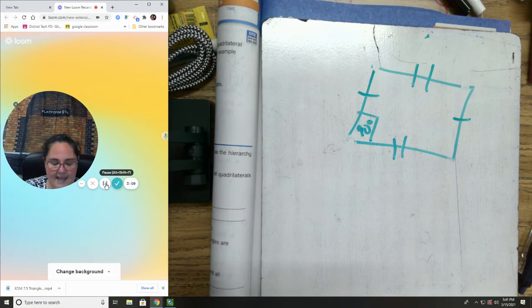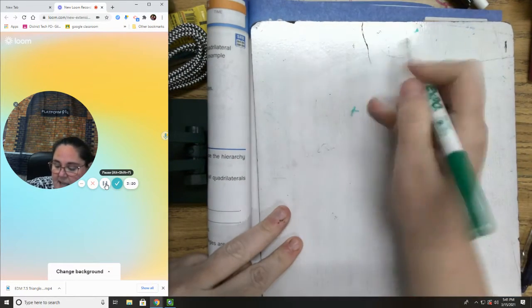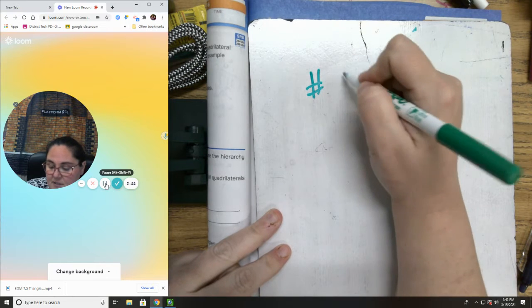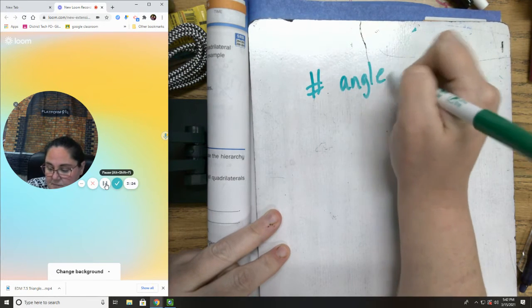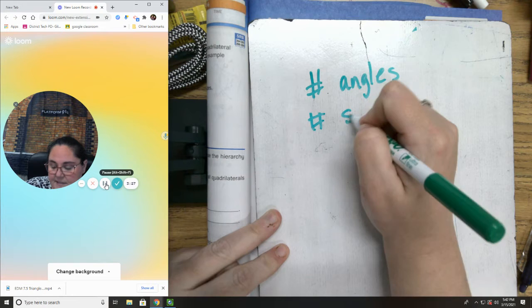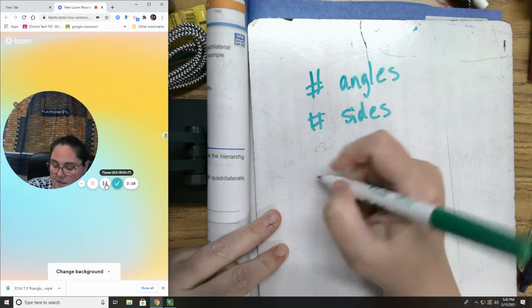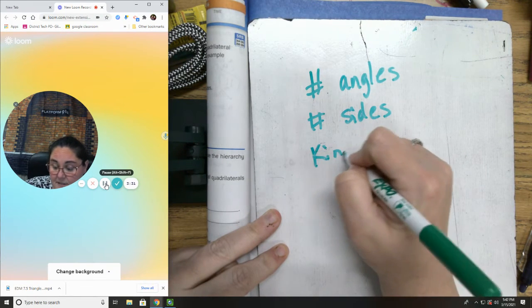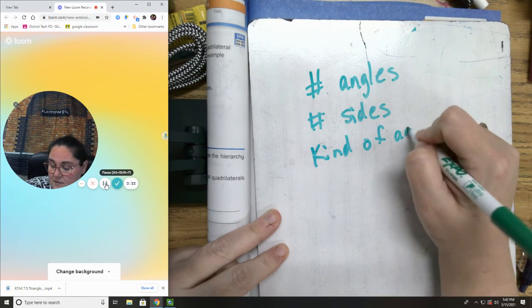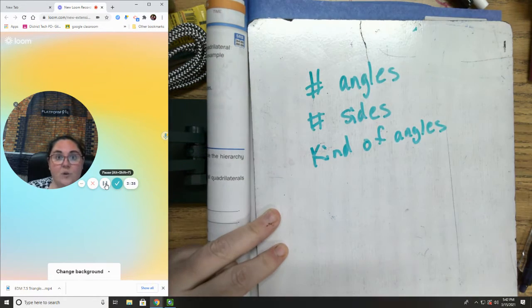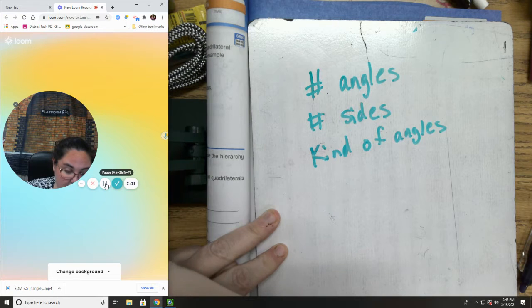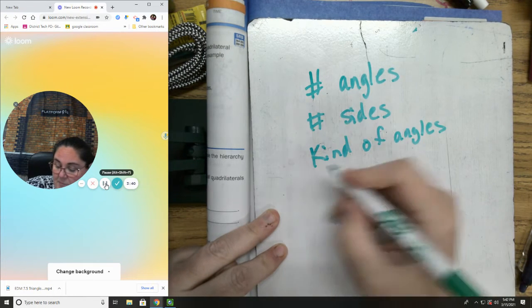When I say attribute, an attribute is some kind of way to describe the shape. So a way that you could say it is the number of angles, the number of sides, the kind of angles. So you could say 90-degree angles, etc. You could say the lengths.